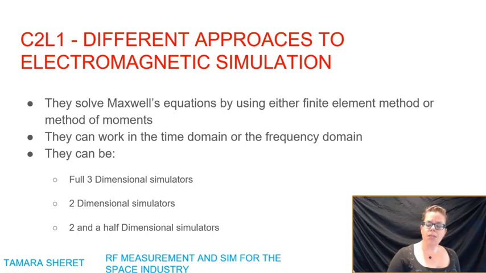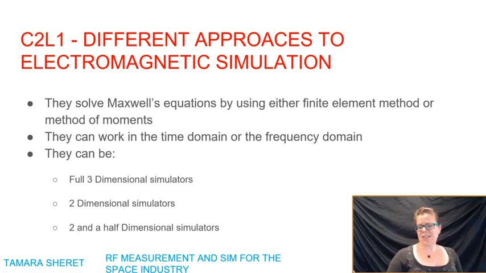Time domain measurements use the differential or the integral form of Maxwell's equations and are valid over a wide range of frequencies. The frequency domain actually uses the phasor forms of Maxwell's equations and you solve at a single frequency. You can obviously solve again at another frequency, but you do have to remesh, so it can take a bit longer if you're looking at a wide range of different frequencies.